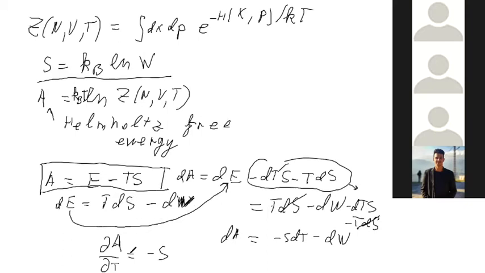Okay, and right now we have changed the independent variable from entropy to temperature, and this is very convenient because I don't know how to measure entropy, but in all the thermodynamic systems we usually use temperature, right? We use a thermometer, and how to measure temperature is pretty clear and convenient.